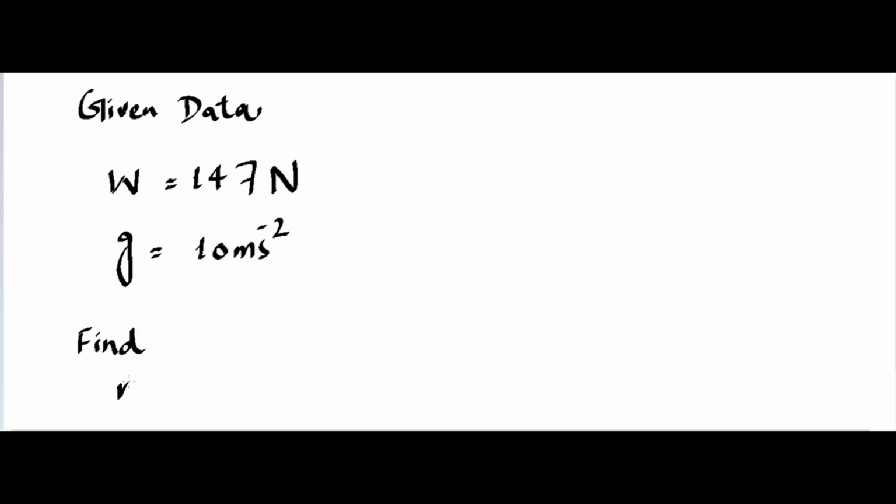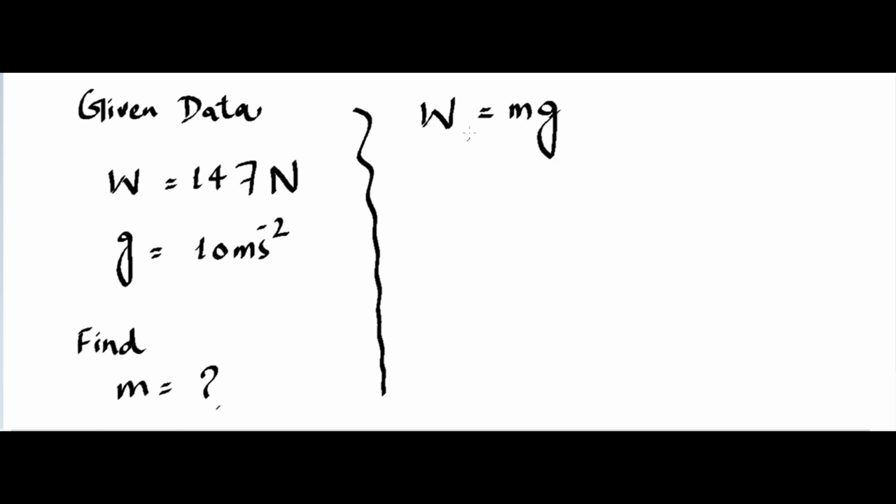We have to find the mass of the body, m. So as we know that weight of an object is equals to mass multiplied by g, because weight is the force with which the earth pulls a mass towards its center. It is equals to mg.